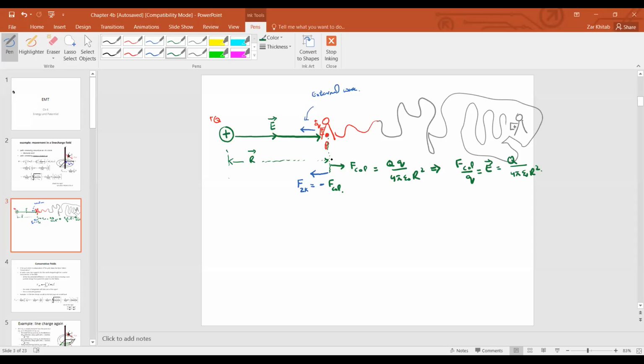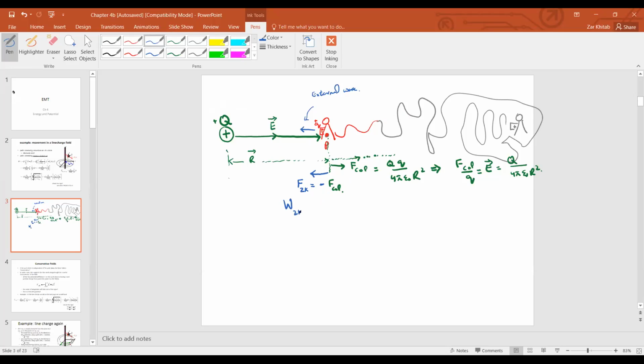And r can be really any distance from the center of the capital Q positive charge, right? So this is the electric field intensity on the person.